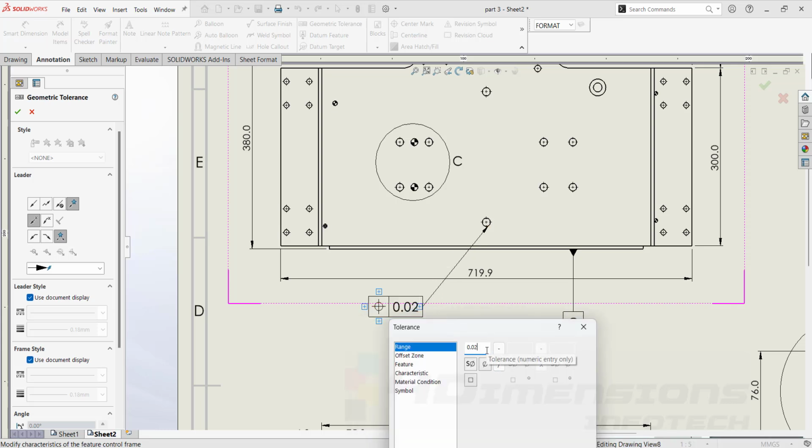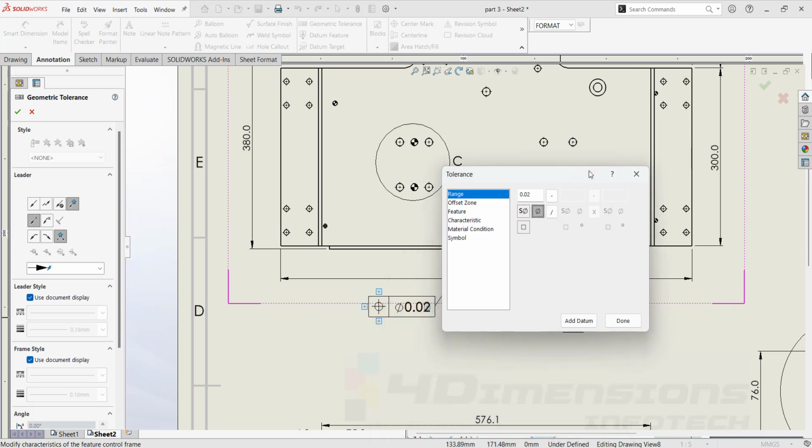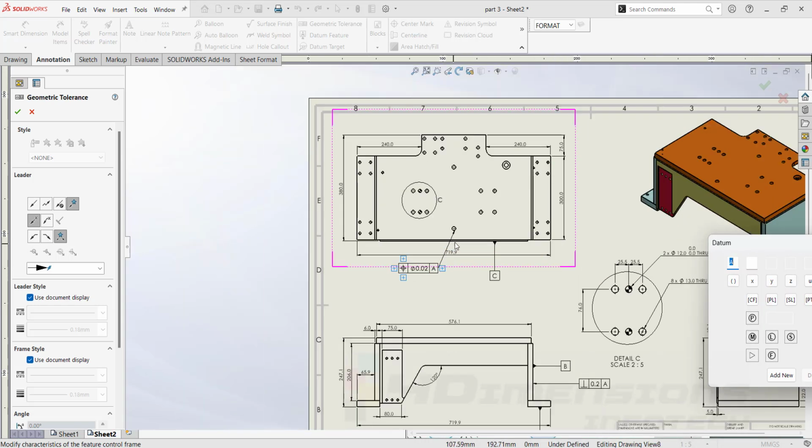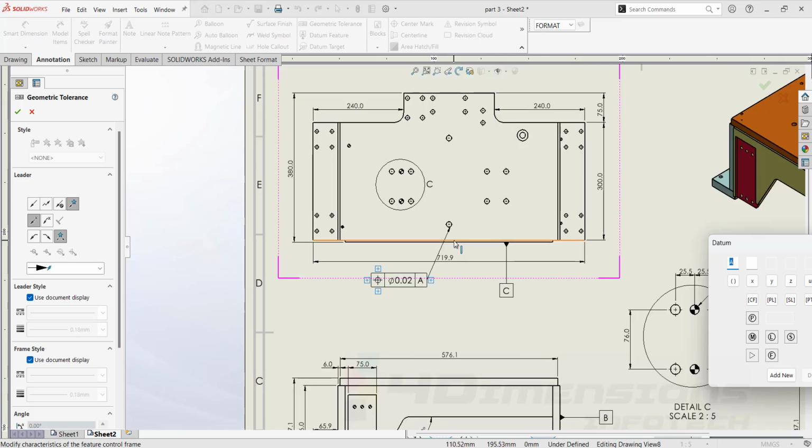I'll say it's 0.02. And now this positional tolerance is usually referred to by the circular tolerance zone. That's why I'm going to add the diameter symbol also here. So this symbol has been added, you can see here. After that, I'm going to refer to the datum. So for datum, you can see here. If I want to place this hole's position, then I will refer to the position by giving a dimension from this vertical side, taking the reference of datum C here.